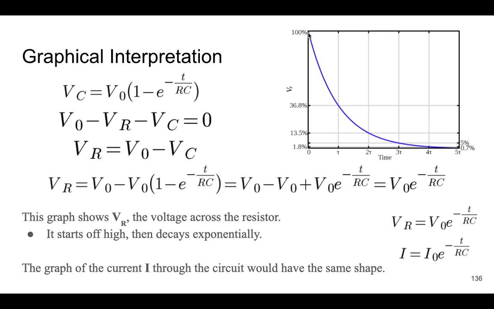But as time goes on and you start getting more and more voltage across the capacitor, you're getting less across the resistor. So it goes this way. This is exponential decay. If you did the formula for the voltage across the resistor, you would get V naught times e to the minus t over RC. And that's it. So hopefully that was helpful.